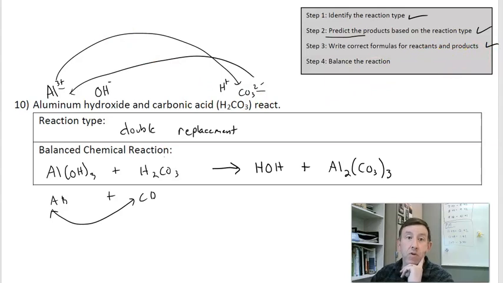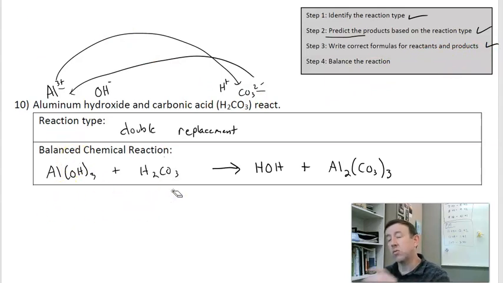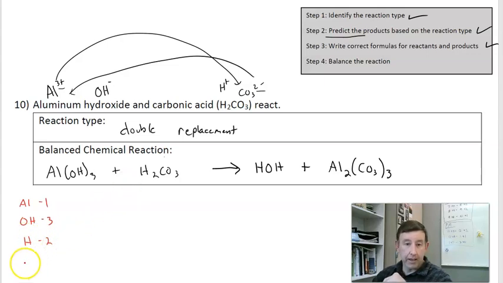Now, writing the correct formula sometimes puts us out of balance, but we don't balance with the formula, we balance with coefficients. Okay, deep breath. So on my left side, I've got 1 aluminum, the way it's written. I've got hydroxides, 3 of them. I've got hydrogen, 2 of them, and carbonate one of them.